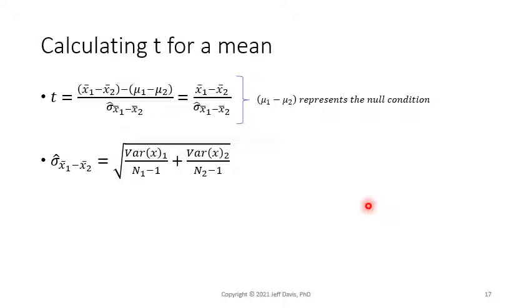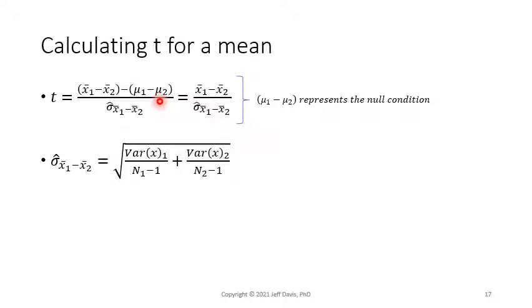This is for the test of differences in means. Note the numerator here. We have the mean of group 1 minus the mean of group 2, and this represents what we see in our sample. The second term represents the null: the mean of group 1 minus the mean of group 2 under the null condition.